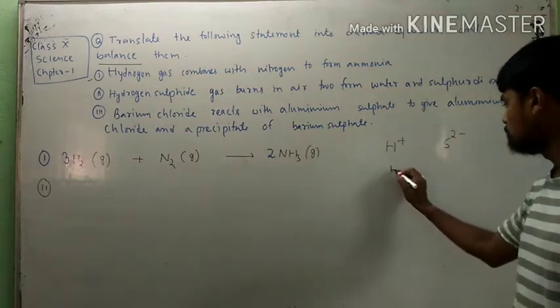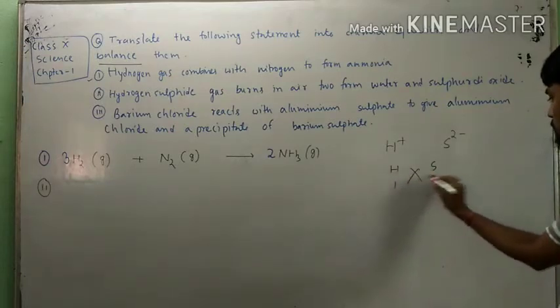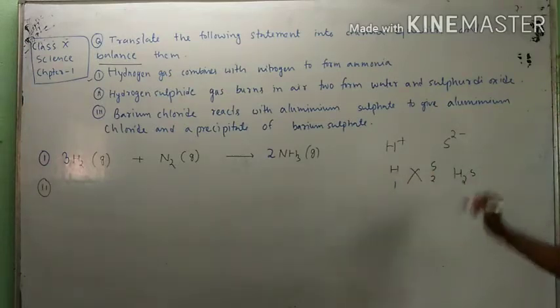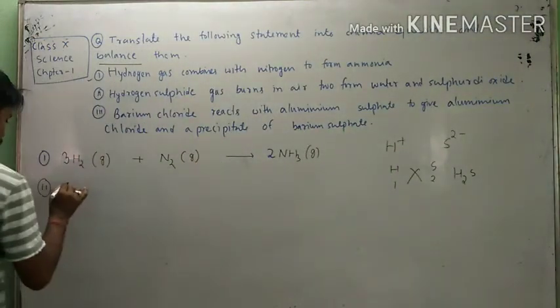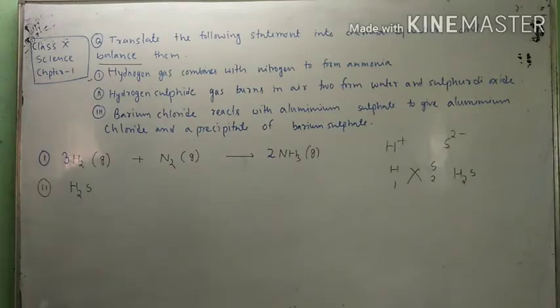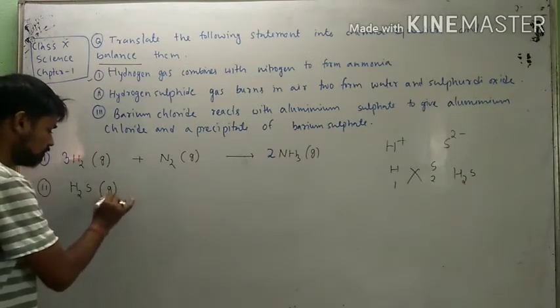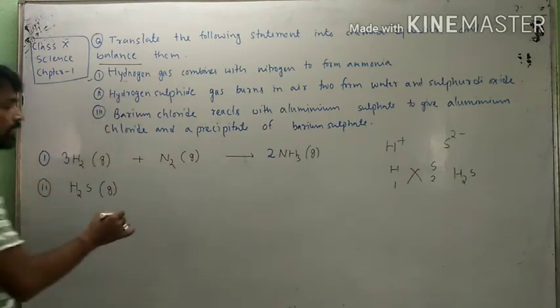Now 1 below hydrogen, 2 below sulfur, and it becomes H2S. The formula of hydrogen sulfide is H2S gas. It burns in air.